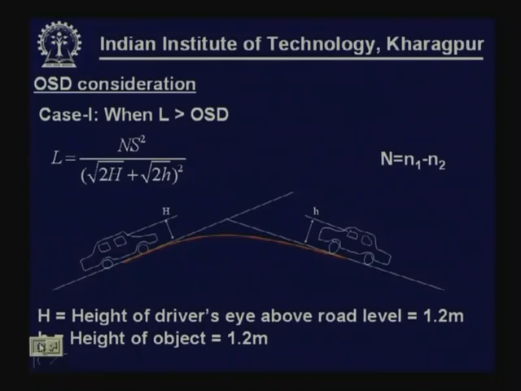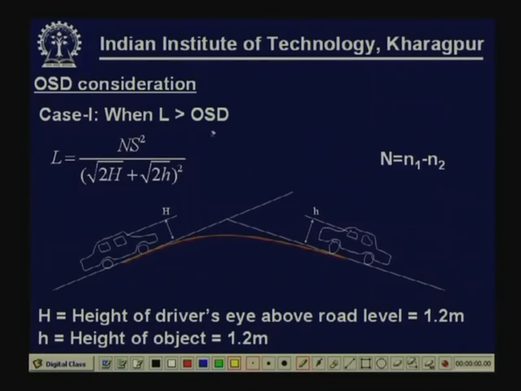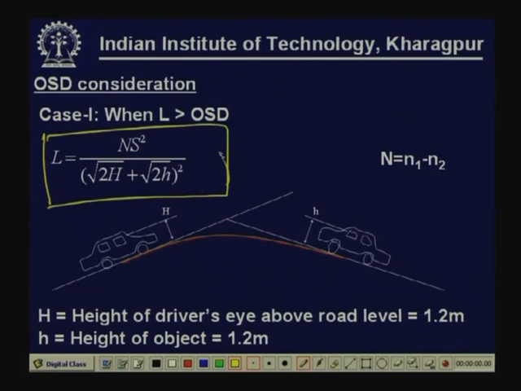Only thing in this case, the object height is also 1.2 meter. So, capital H and small h in the formula have equal value. In both cases it is the same basic formulation, there is no difference.